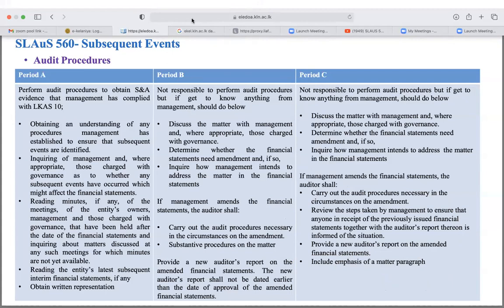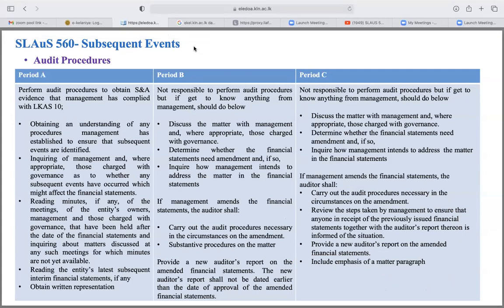Yes, sir. Can you summarize the whole thing in one paragraph? Okay. Actually, I'm summarizing the whole standard, based on these 3 periods. In the first period, period A, which is the financial statement date to the auditor's report date, the rationale is that we are still not issuing the auditor's report.